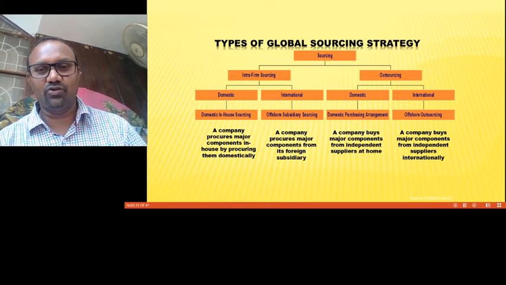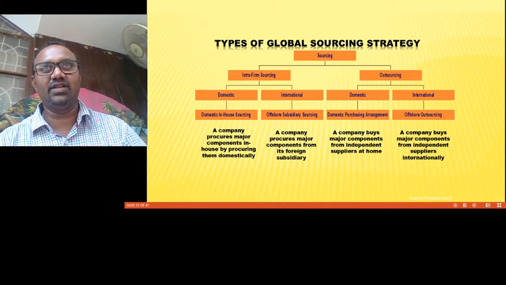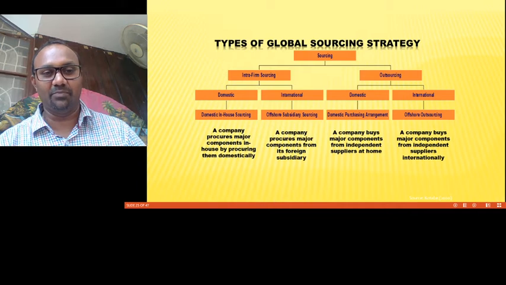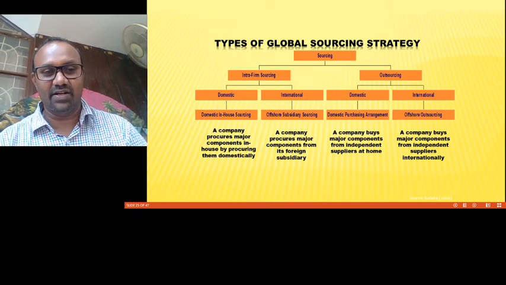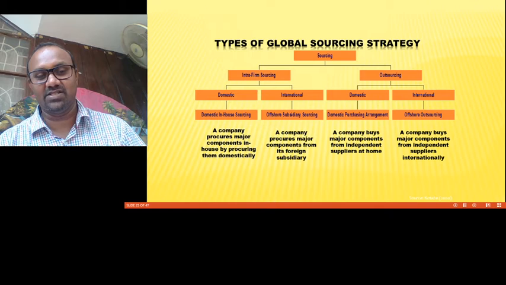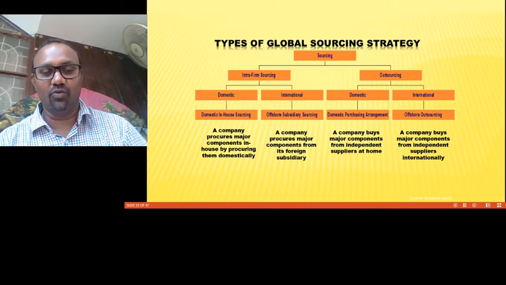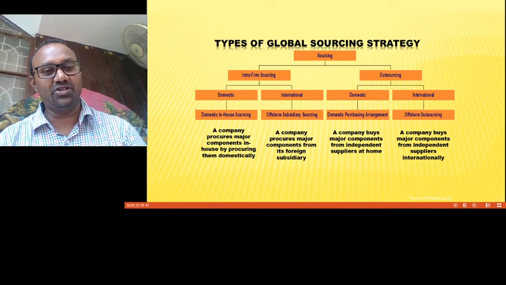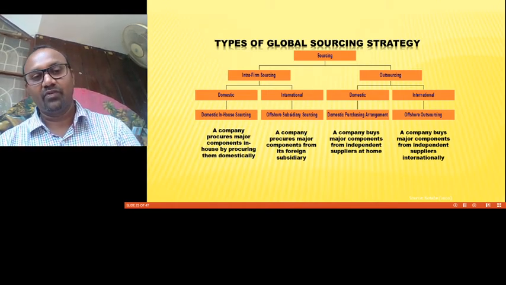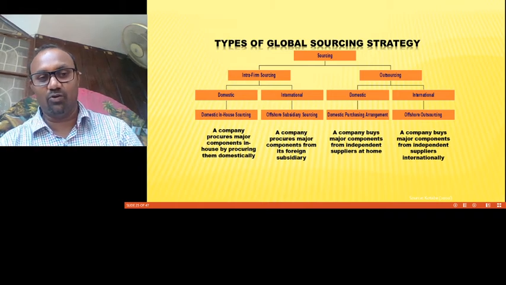When it comes to outsourcing, you are outsourcing the entire procurement of raw material and input factors to a third party, and the outsourced vendor can source it domestically through various industrial distributors and other agents who are there in the market who can get the required raw materials and input factors for you. So they can do that through a domestic purchase arrangement, or the entire outsourcing that you have given to a third party.